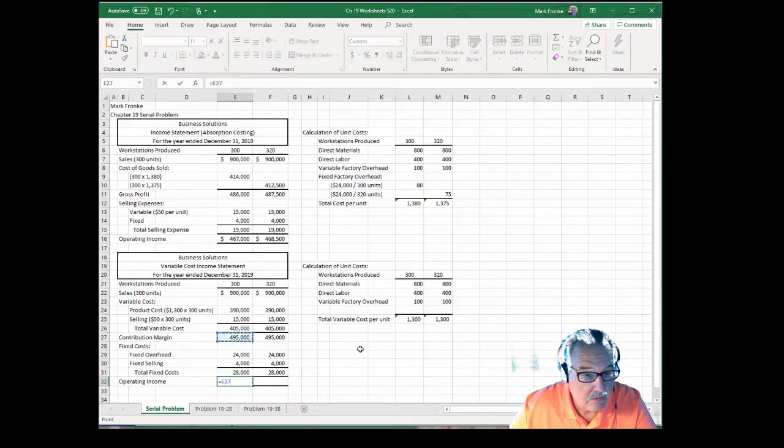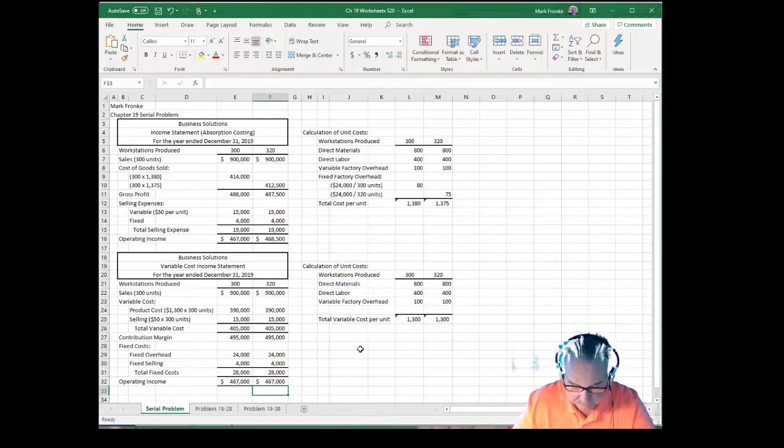And when we subtract those fixed costs from contribution margin, we get operating income or net income of $467. In this case, it's going to be the same whether we made 320 units or we made 300 units. That is really the focus of this whole chapter.